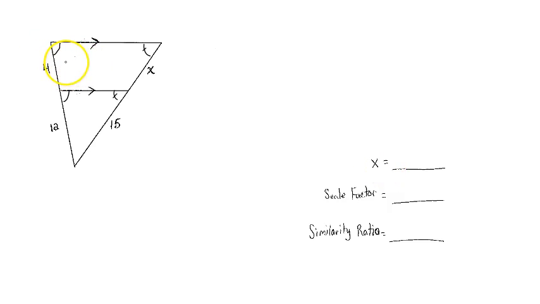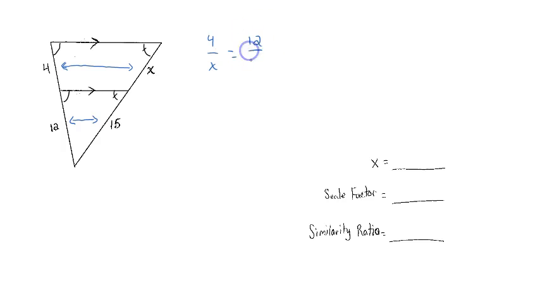I can utilize the proportions in one of two ways, but you must look at this in a certain way when you're trying to find scale factor and similarity ratios, and we'll get to that in a moment. Now, I can go in between my parallel lines and set up proportions. 4 over x is going to be equal to, go in between here, 12 over 15.